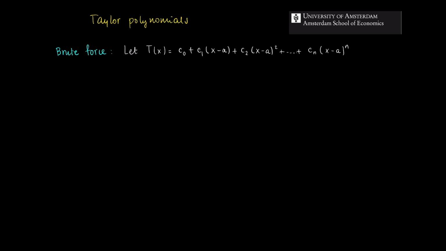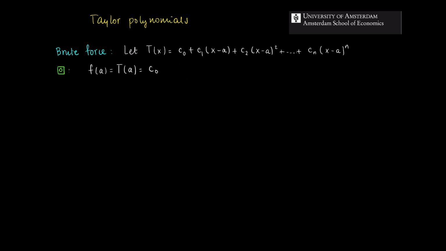Well, we'll do a brute force, so we'll just take the conditions that need to be satisfied and see that there are constants to make this work, right? So at order 0 we need that t of a should be f of a. But if we plug in a in the polynomial, then the only thing that remains is c0, right?